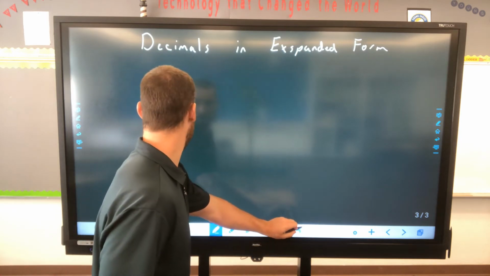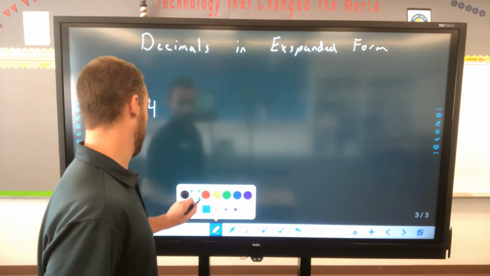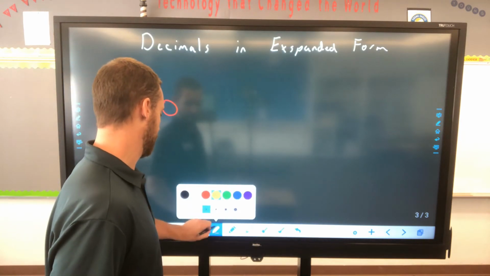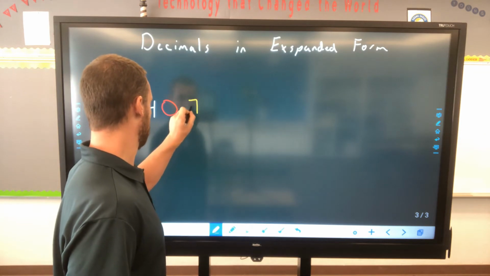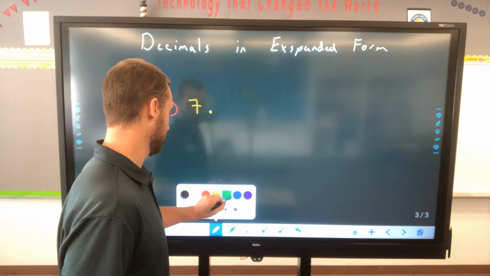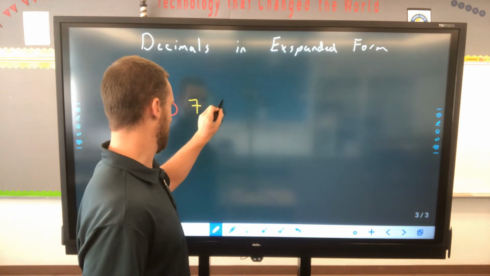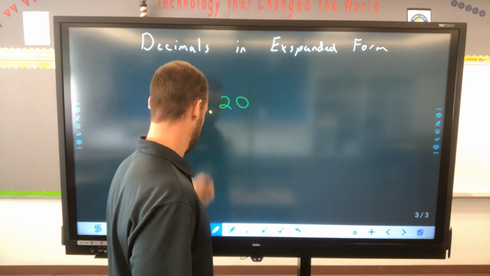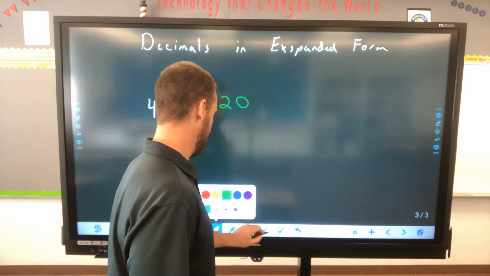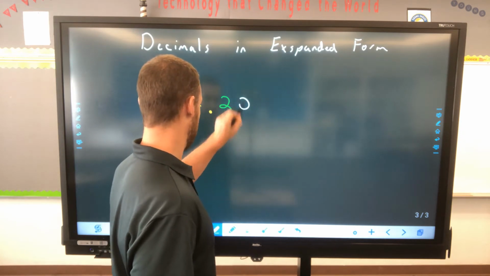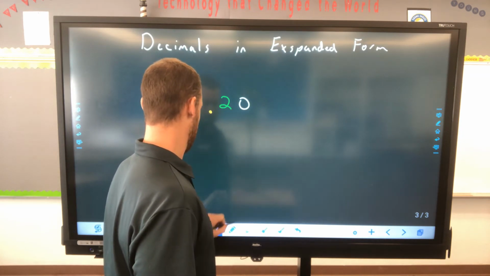Actually, you know what I want to do? I want to do different colors. 407 point, let's do that one in a different color. 0.09.